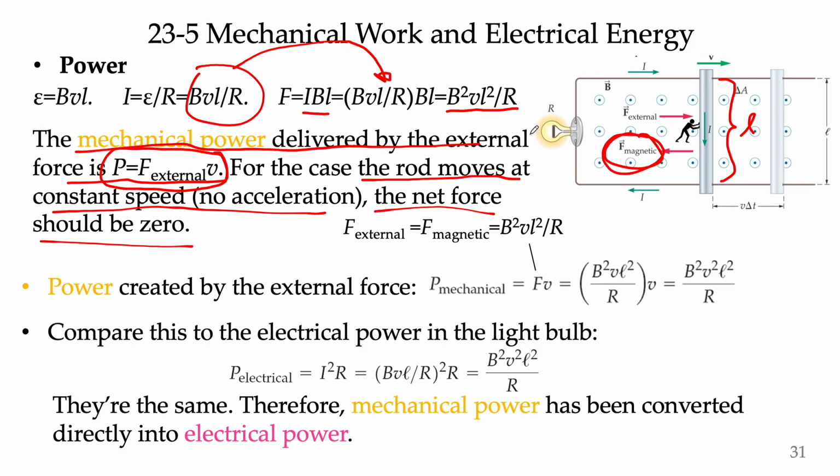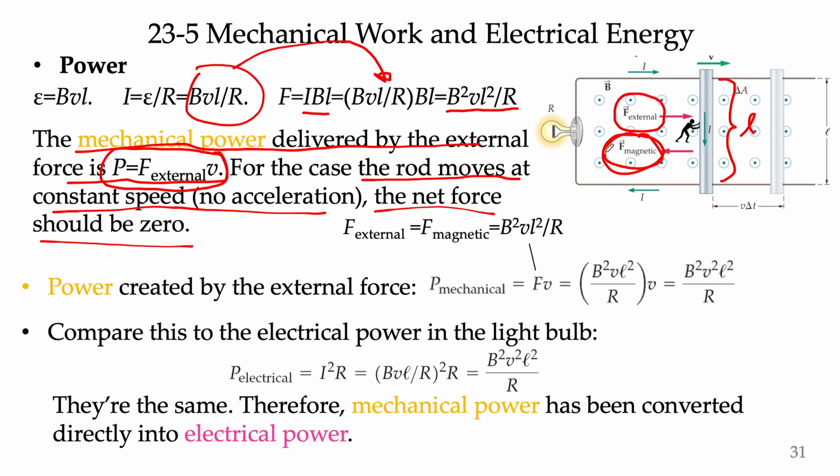So these two forces are in opposite directions, but in magnitude they are equal. When the net force is zero, the rod can slide at constant speed.